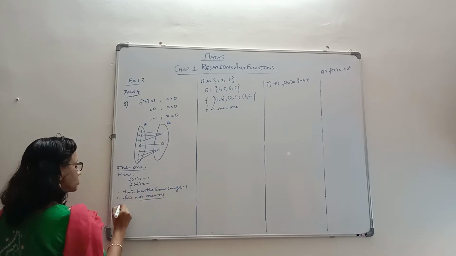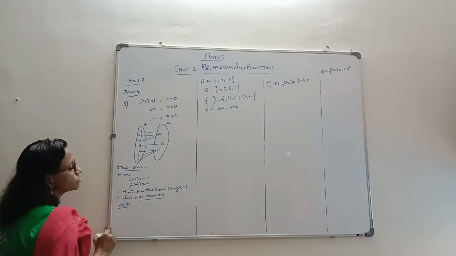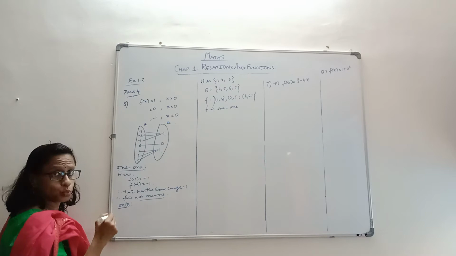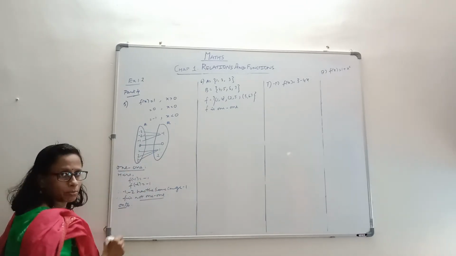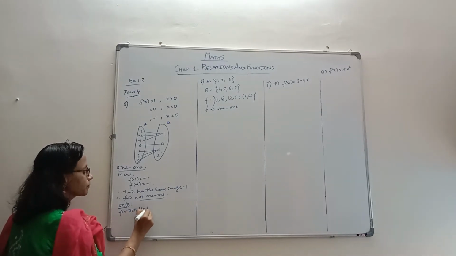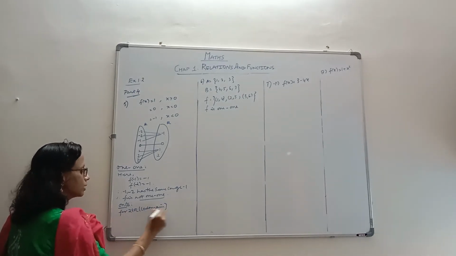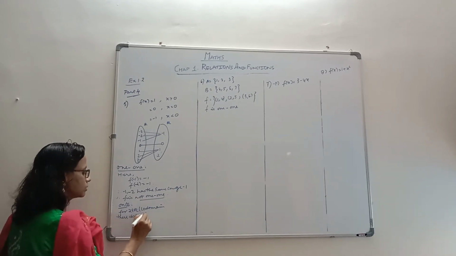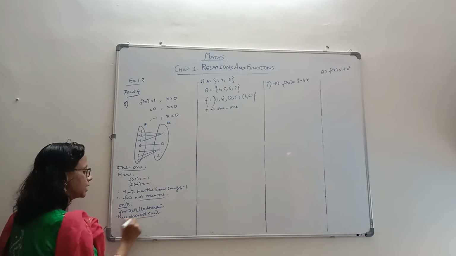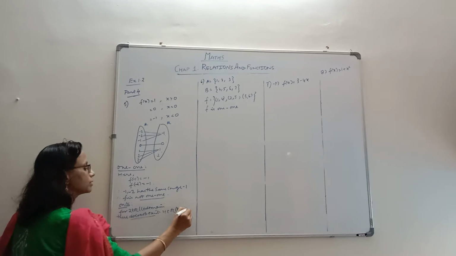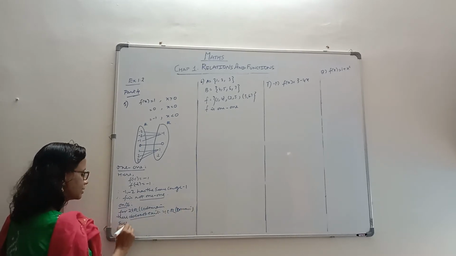Then onto. For onto, there are so many other elements in the real numbers. For example, if you take 2, there is a 2 here, it has got no pre-image, right? So for 2 belonging to the real numbers codomain, there does not exist x belonging to R domain such that f of x is 2.